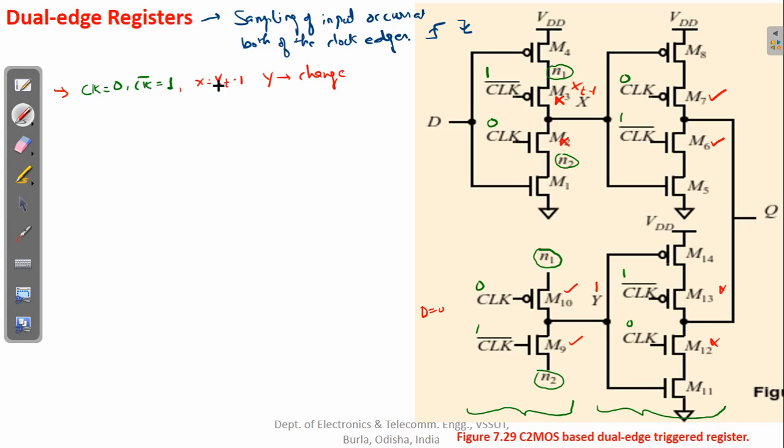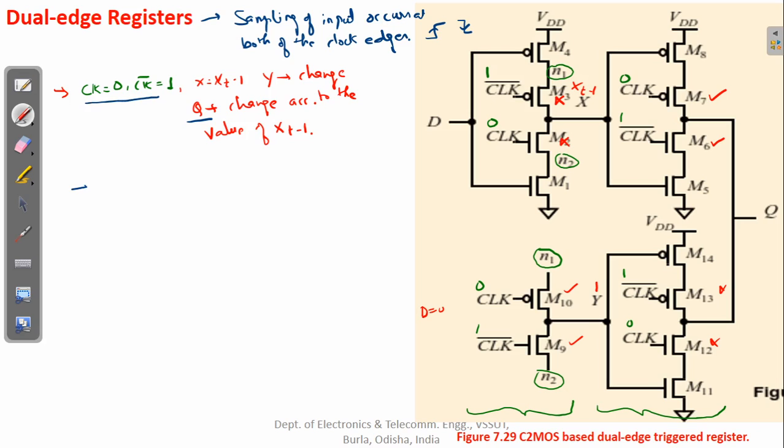Y will change, and the value of Q will change according to the value of xt minus 1 or X. Okay, so it means that the value of Q is changing. The value of Q is changing under this condition.